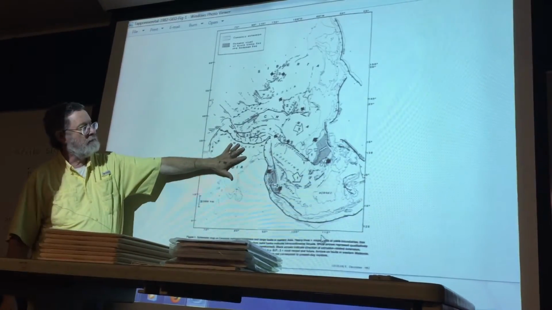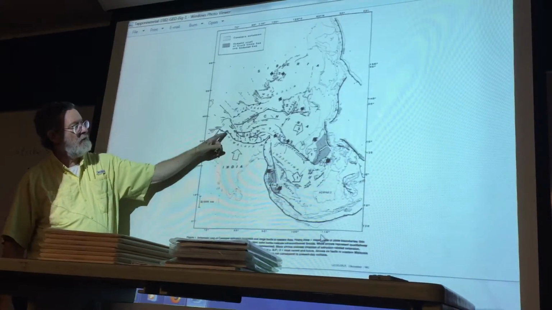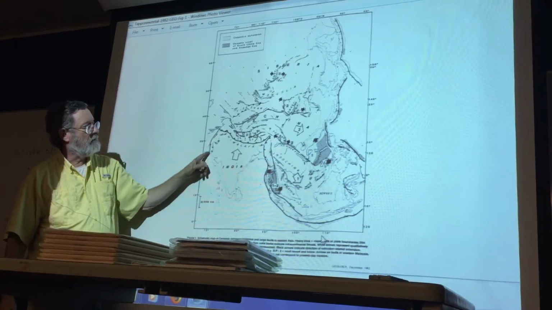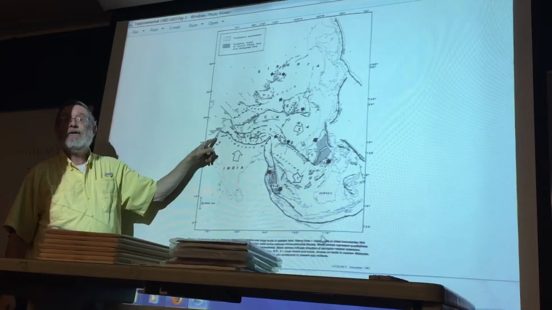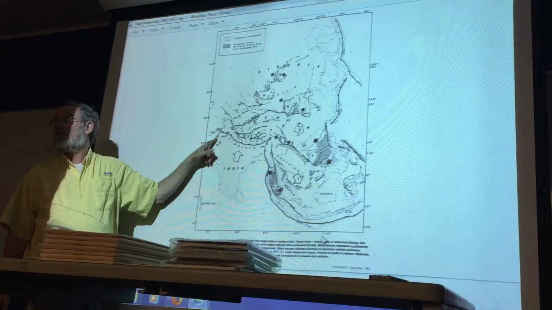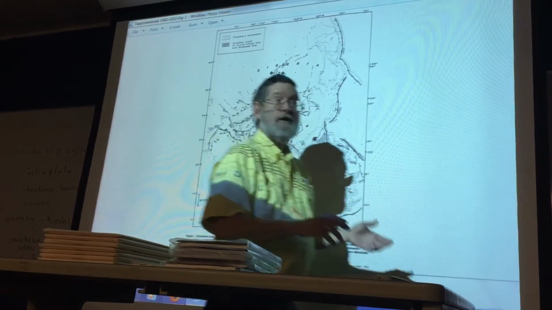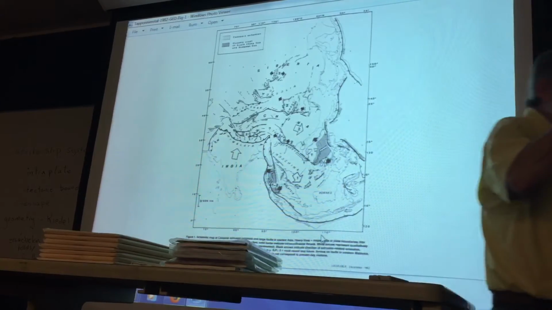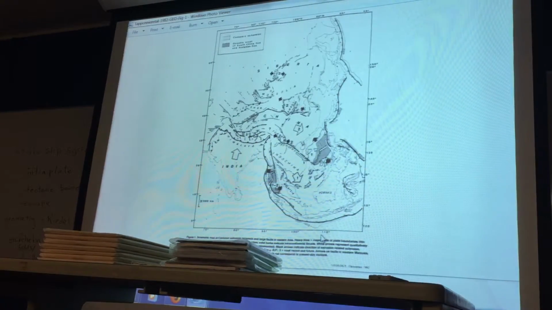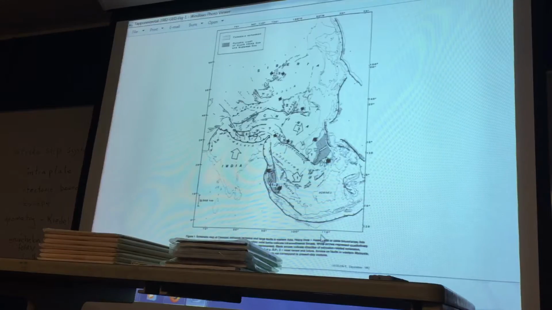Here's India. You can see the interesting bend and some of the complexity. Here is a strike slip system. All along the Pakistan-Afghanistan boundary, in what we would call the Hindu Kush, that is a large-scale strike slip system.